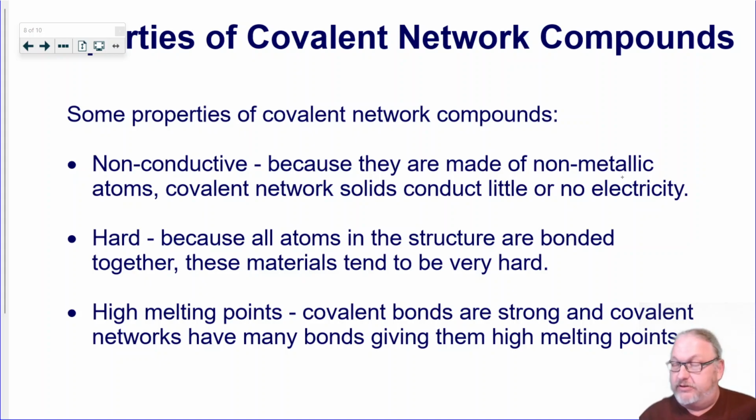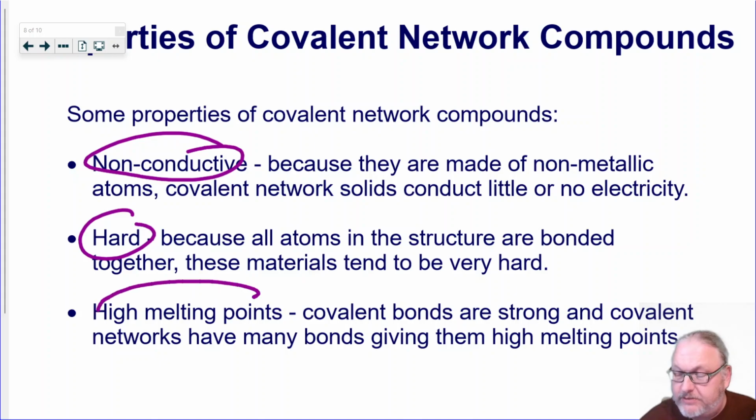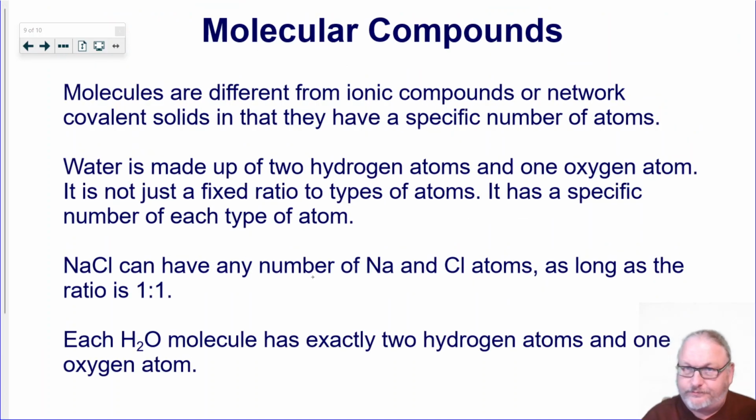They all have high melting points: hard, non-conductive, high melting points. Think about diamond, it's next to impossible to melt that. These covalent bonds are very strong, and these covalent networks have many bonds that will give them high melting points. Okay, so that's just the way they are.